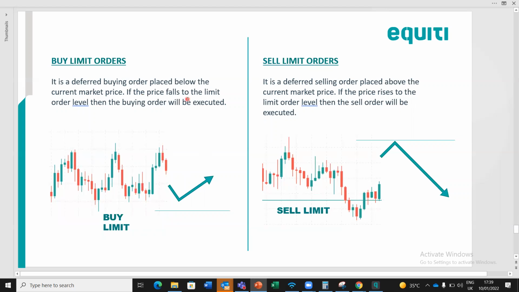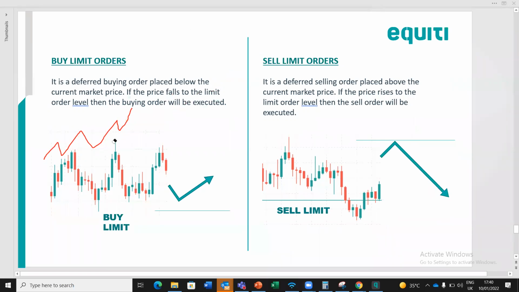If the price falls to the limit order level, then the buying order will be executed. All right. So for that of buy stop, we said that the asset is appreciating, like we explained, and then you said it should get to this point, it should carry you. So it stops and carries you and continues to go up, right?